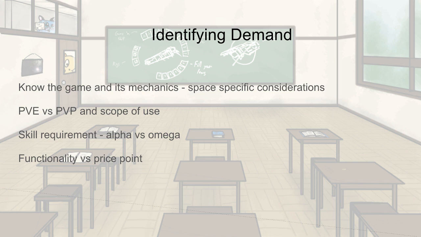Now, we can probably say that all the ships are usable. Sure, they are, but some are more usable than others. So we have to identify items that would have a lot of market action considering their volume. Something to consider also is a space-specific consideration.